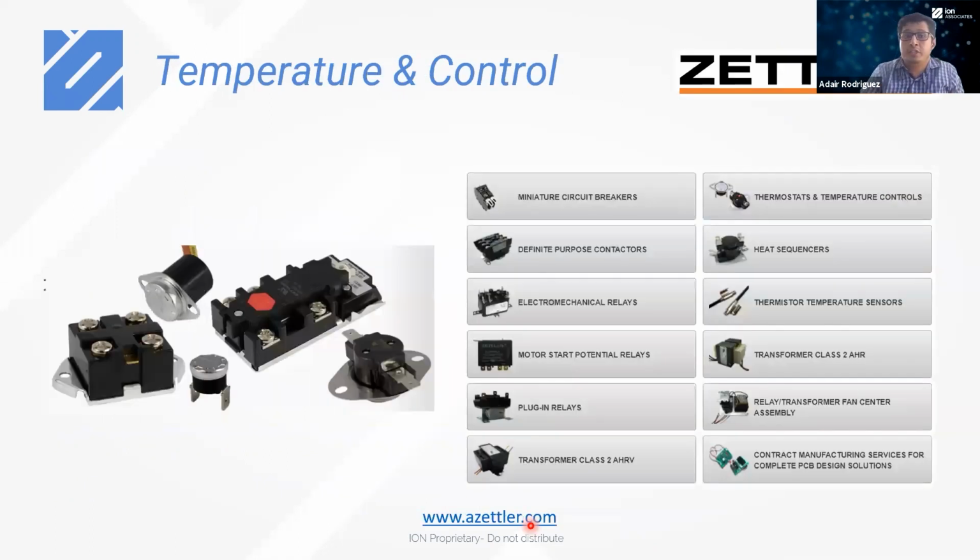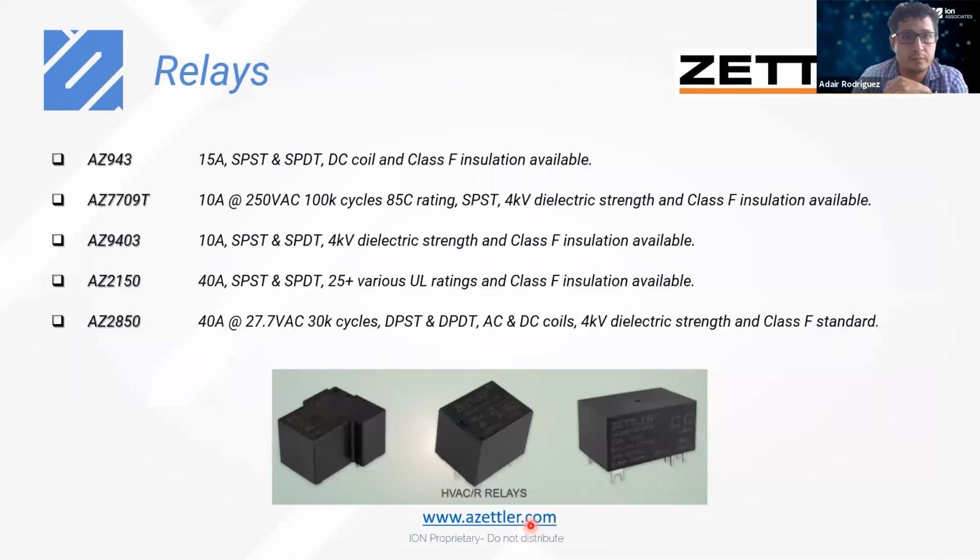Some other technologies or suppliers that can be used for this are thermostats, industrial thermostats, industrial breakers, for example, that will be complementary to your solutions. And of course, the relays. We will find in our catalog different kinds of families, with different part numbers.